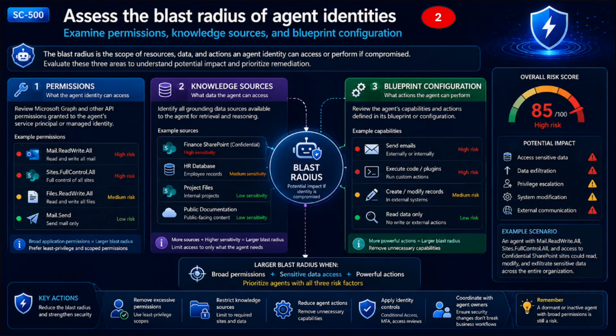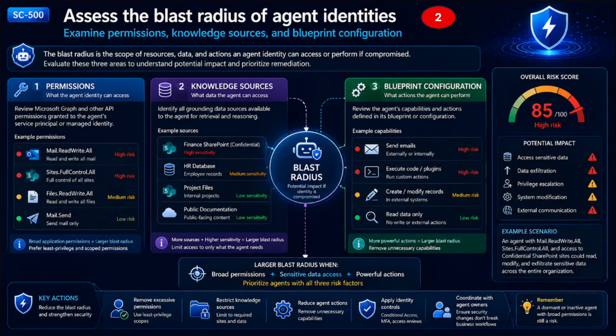In terms of permissions, the question is what can the agent identity access? Here we review Microsoft Graph and other API permissions granted to the agent service principal or managed identity.